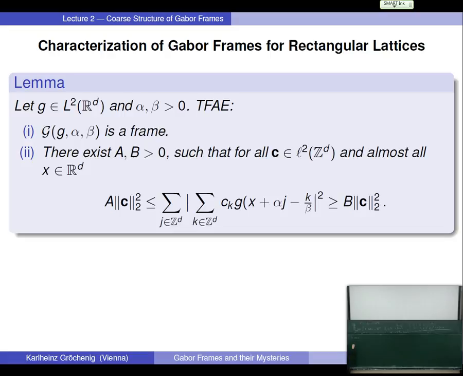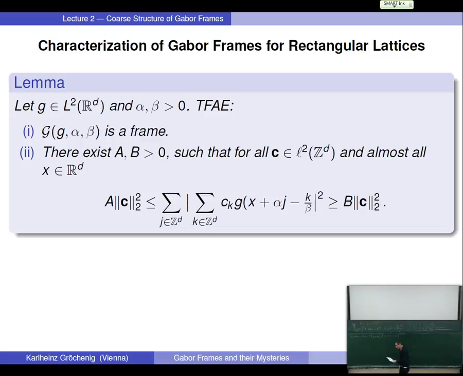So we would assume that the ambiguity function, the inner products of g with time-frequency shifts of g, decays polynomially. To get integrability, we need that this goes like this.